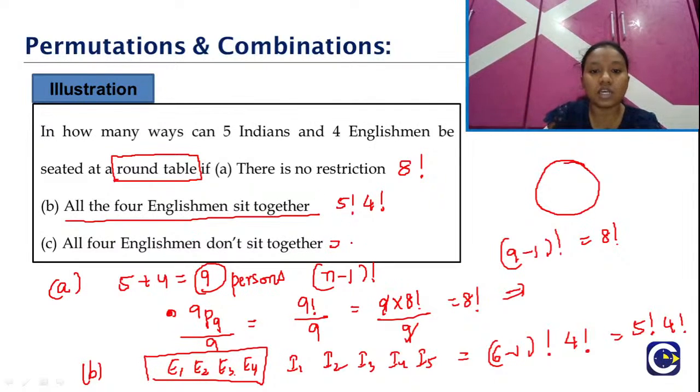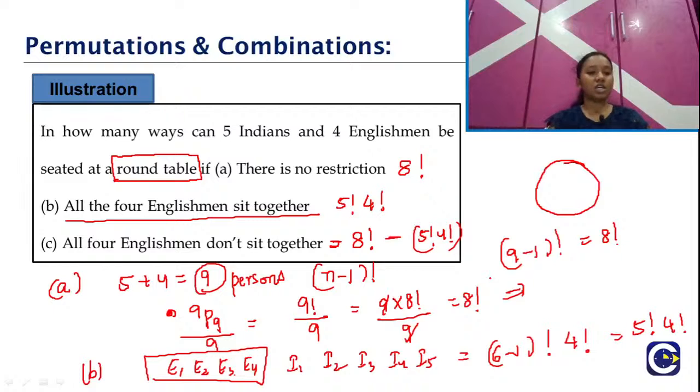Our total arrangement without any restriction is 8 factorial. Amongst this 8 factorial, if we eliminate the ways in which the 4 Englishmen sit together, that means 5 factorial into 4 factorial, that will be equal to the number of arrangements where all the 4 Englishmen don't sit together.